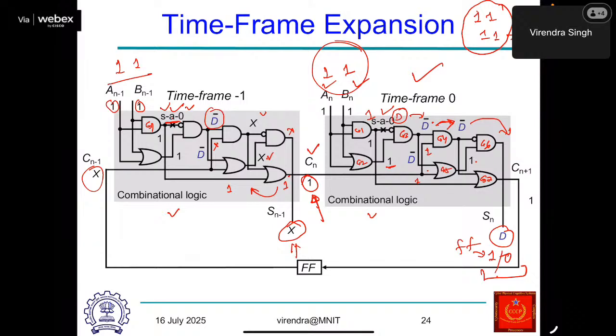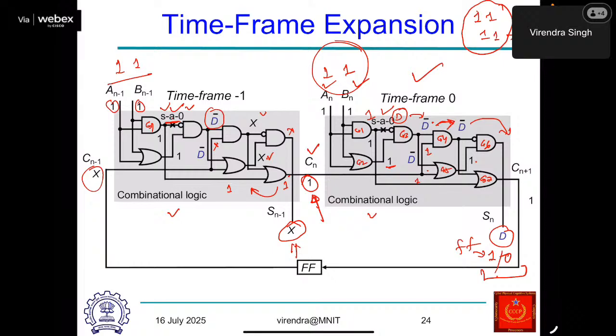Now the question is: is it sufficient to replicate twice all the time? And the answer is no. Then how many times should I replicate this? One time, two times, 5 times, 10 times, 1,000 times? The answer is that you need to keep on expanding.